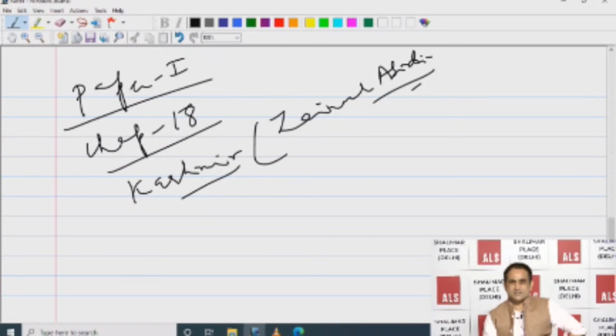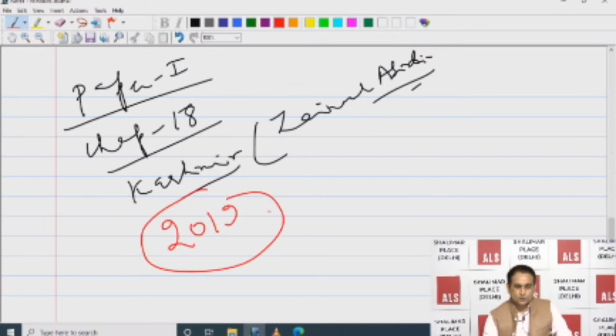This is the syllabus topic mentioned in chapter 18 of Paper 1. Last year, 2019, there was a question: assess the rule of Jainul Abidin in Kashmir. A simple question.